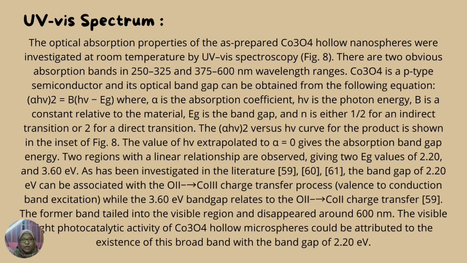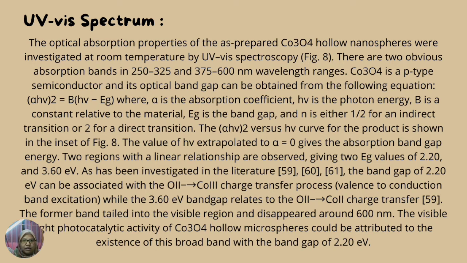So let me proceed to the UV-vis spectrum. The optical absorption properties of the as-prepared Co3O4 hollow nanospheres were investigated at room temperature by UV-vis spectroscopy. There are two obvious absorption bands in the 250 to 325 and 375 to 600 nanometer wavelength range.